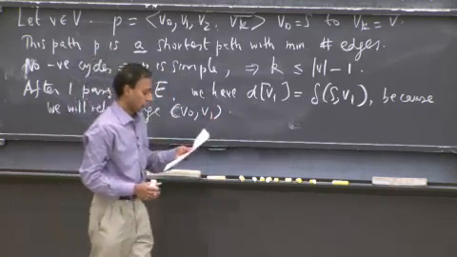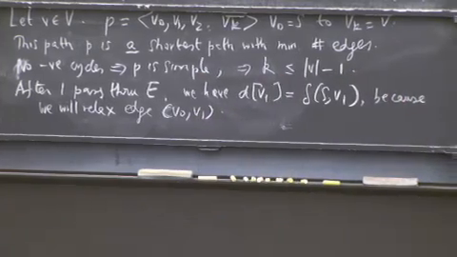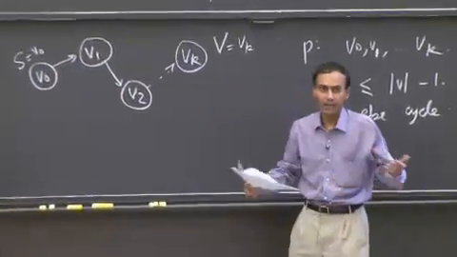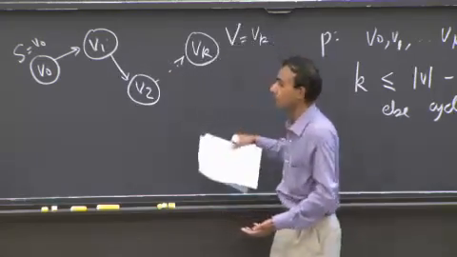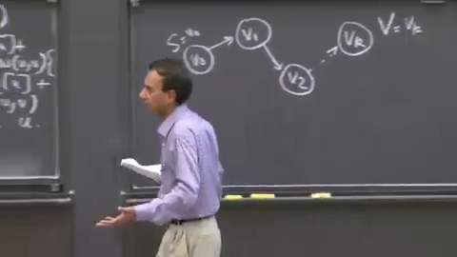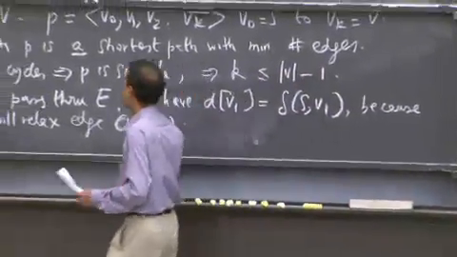Right? And we can't find a shorter path than this path, because otherwise we'd violate the optimum substructure property. That means that it's a contradiction that we selected a shortest path in the first place. And so we can argue that we have delta SV1 after the first pass.